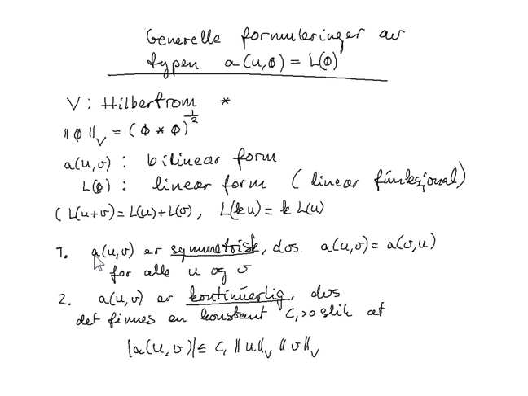One example is a bilinear form that is symmetric. That means that A of u, v is equal to A of v, u for all values of u and v in this Hilbert space. That's a condition which may be satisfied, and it may also not be satisfied. There are some examples of bilinear forms which are not symmetric.